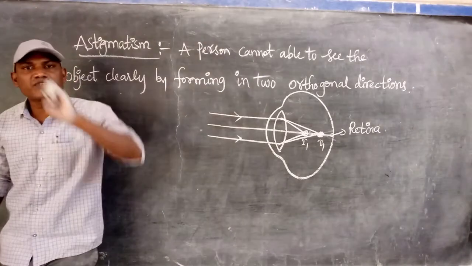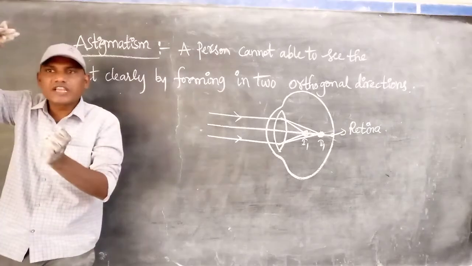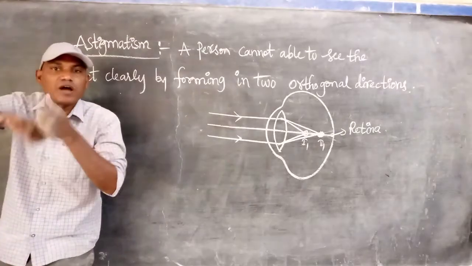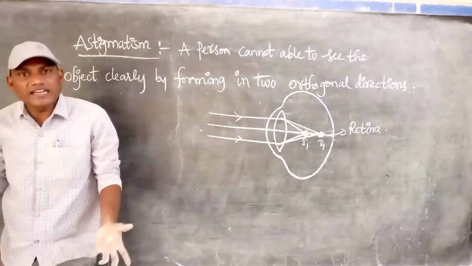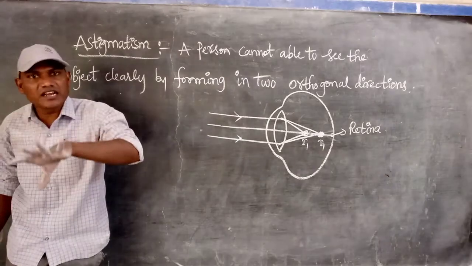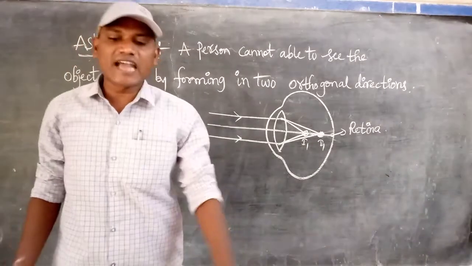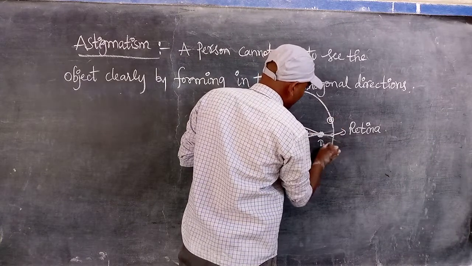But if 5 of the 10 rays meet at one point and form an image, and the remaining 5 rays meet at another point and form an image, then the photoreceptors on the retina do not grab the exact information.